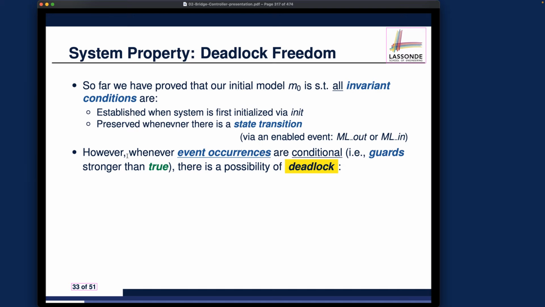But on the other hand, as soon as you introduce guards into your events, there is a possibility, unless you can formally prove it is not the case, that there will be one particular system state where the guards for all the events evaluate to false, in which case all the events will be disabled, and there's no way for your system to make any concrete progress. So these are the two things, more like a dilemma, you really want to make sure you understand.